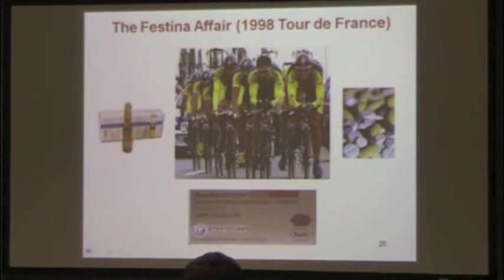Well, the whole thing came to a head in the Tour de France. There we go again. Notice the yellow color. I don't know what it is about the Tour de France. But a team from Italy that represented the Festina watch company became known as the Festina Affair. That was the event that changed everything.